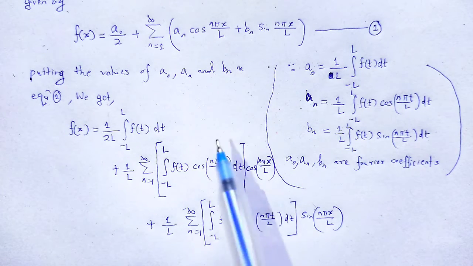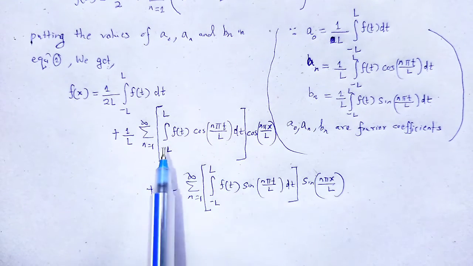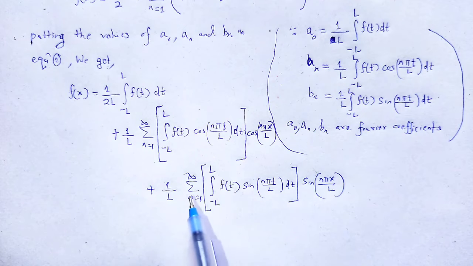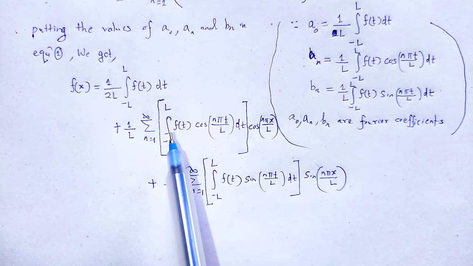Now we rearrange the terms. In these two terms, we take common 1 by L f of t.